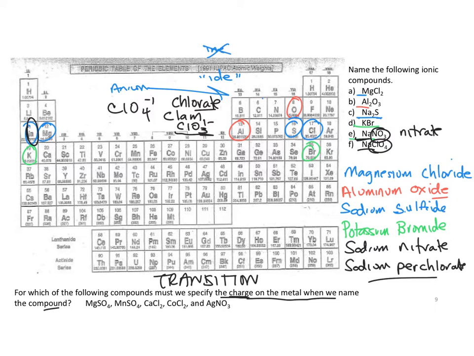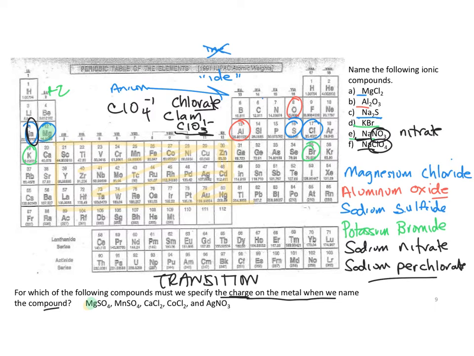But if it's in this area here, it has variable charges. All right, so we have Mg, magnesium, so we don't have to worry about that. It's always +2.